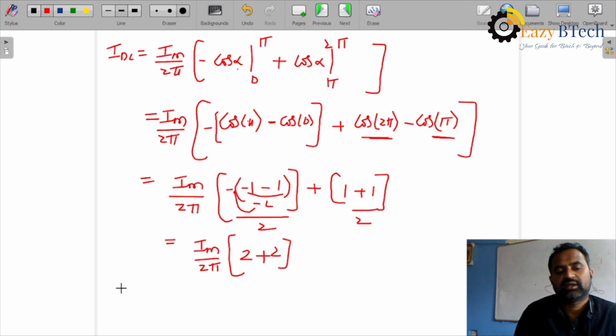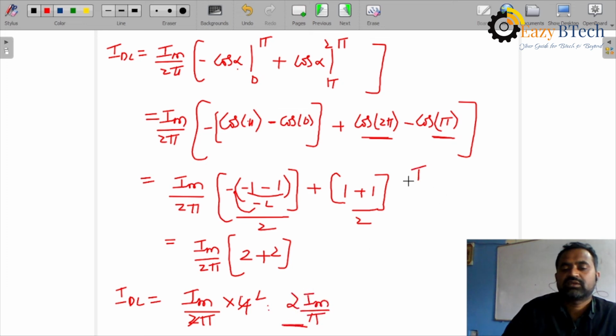You will write IDC is equal to Im by 2 pi into 4, 2 ones, 2 twos. You will write 2 Im by pi. IDC value is 2 Im by pi. VDC value is 2 Vm by pi.